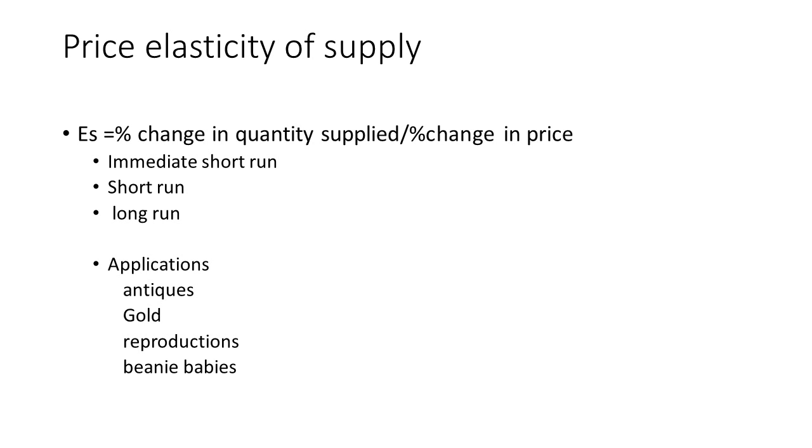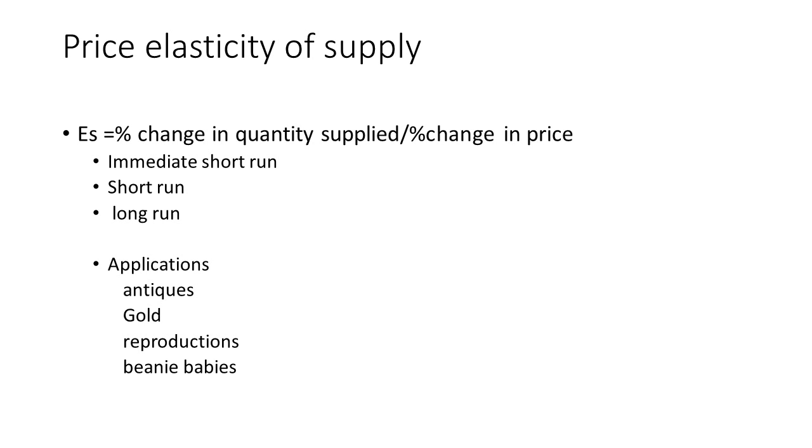Again, note though that quantity supplied and price move in the same direction, so this elasticity of supply figure is always positive. So immediate short run shows us that not much change in quantity is going to occur no matter what happens to the change in price. For example, if the price of corn rises in January, we're not going to be able to produce much more corn in January in Iowa.